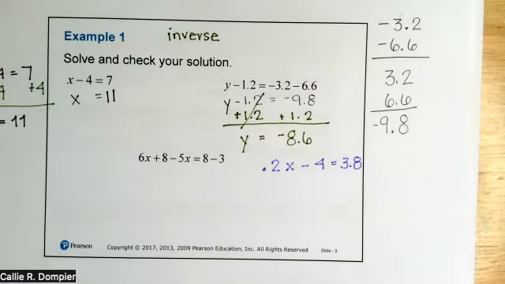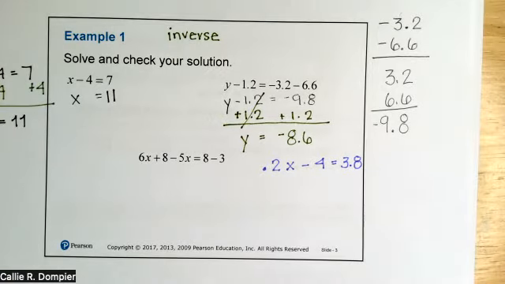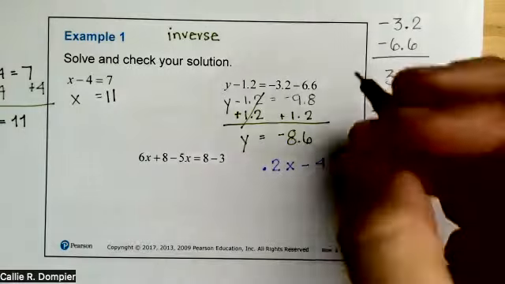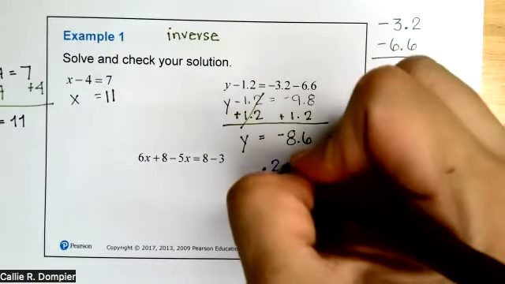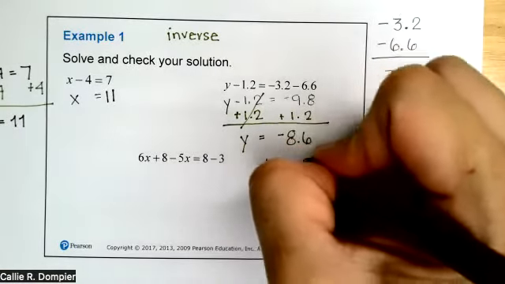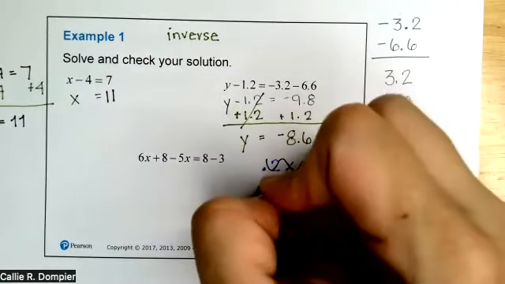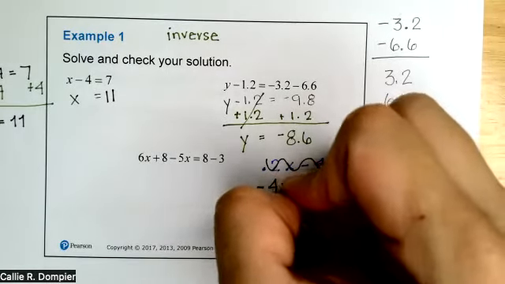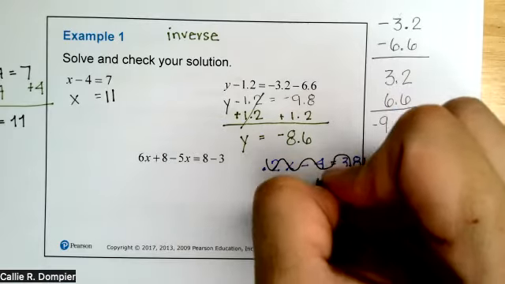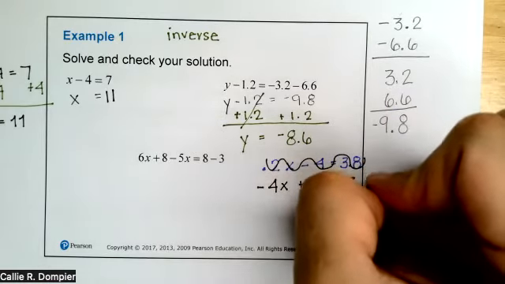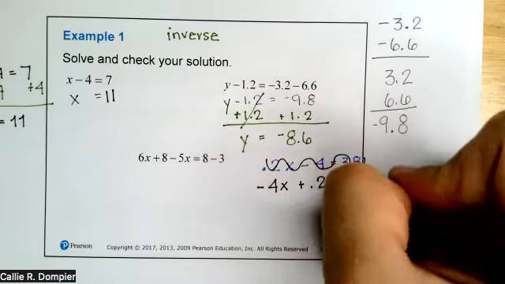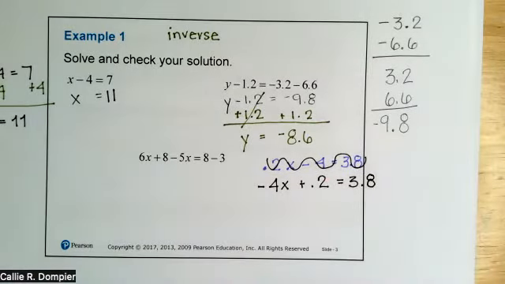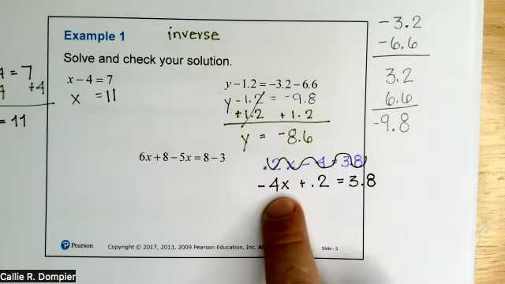So, oh, I don't like that one. That one is very different from that one. Let me rewrite this. Negative 4x plus 0.2 equals 3.8. Good. Apologies. Now I have x.